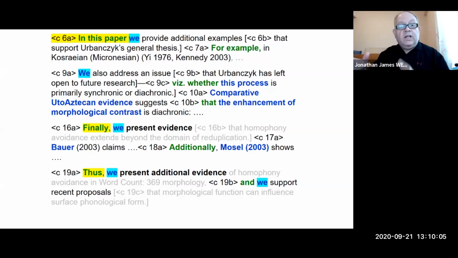And so it's all guided by the purpose. The purpose of this abstract is to tell people what your paper is about. Okay? And the choice of verb is important. It is related to the nature of the text itself. But what I'm highlighting here is we. Here you've shifted now, and it's about what you are going to be presenting.